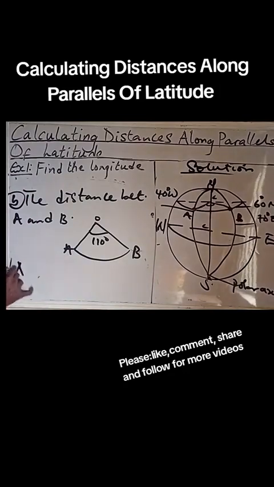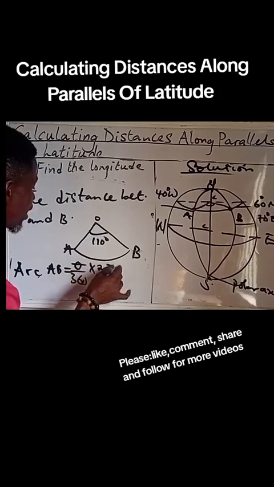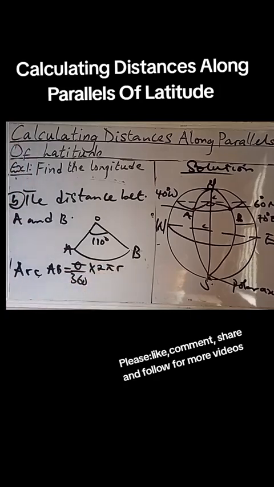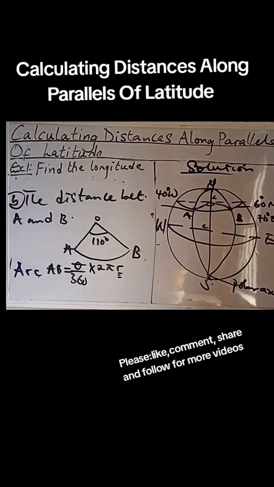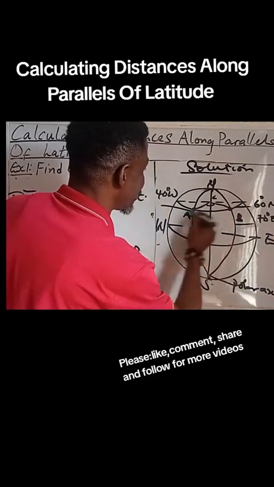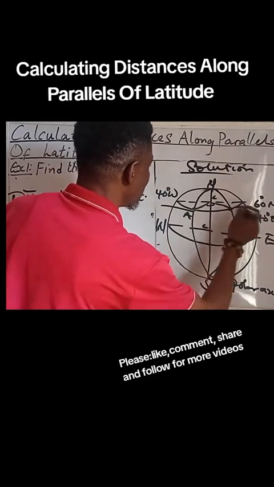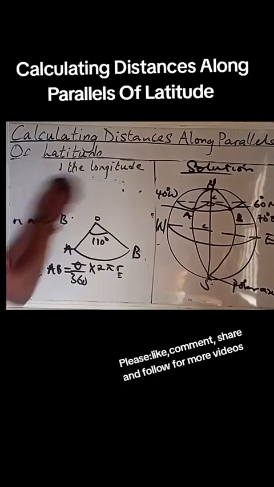We can call it arc AB. Arc AB is theta over 360 times 2 pi r, small r. Don't forget we are using small r. Why is this small r? Because we are asked to calculate the distance along the parallel of latitude, which is the small circle.